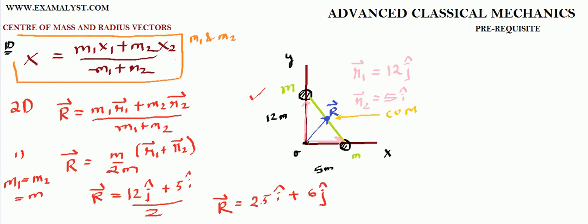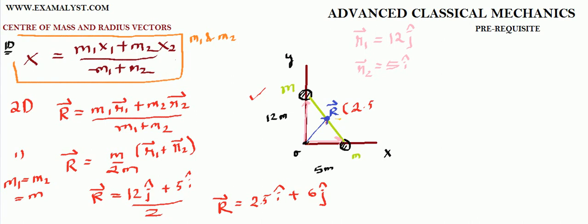Agreed? Now let us try to understand. When I say the capital R vector is 2.5i and 6j, what is the meaning of that? The meaning is that your radius vector has two components. On the x-axis it is 2.5. Try to understand.